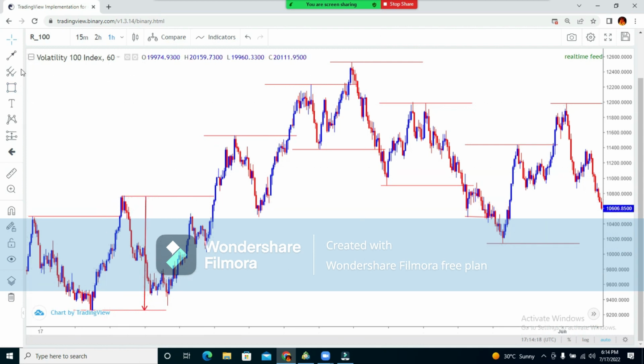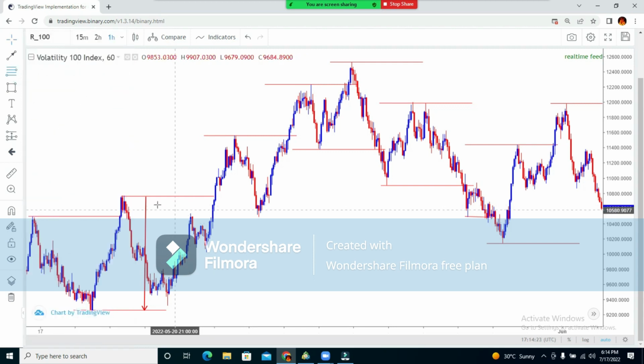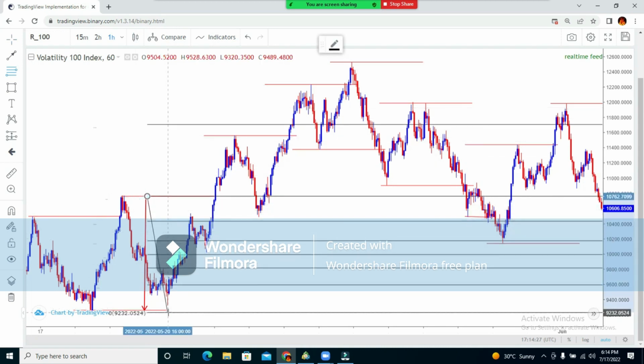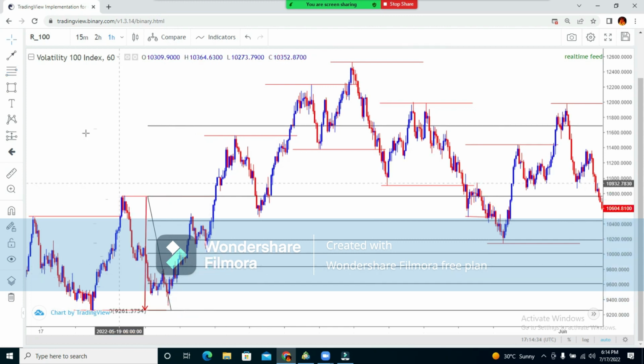So what do you do? You take your Fibonacci retracement tool, and you check for your 50%, that is half of it. That is just for measurement. So when you check for your 50%, what is the 50%? It is this one.